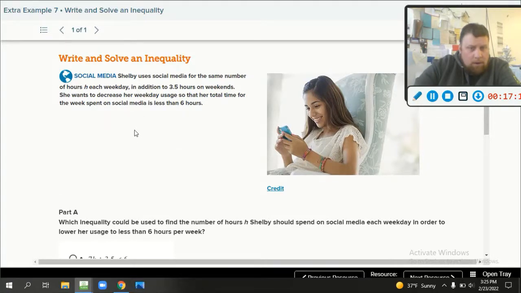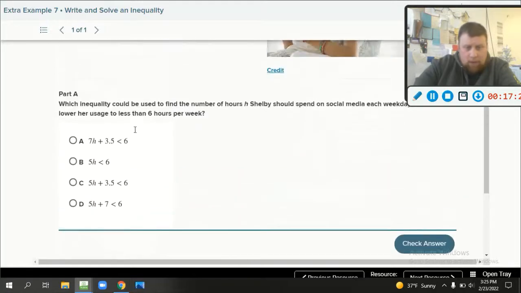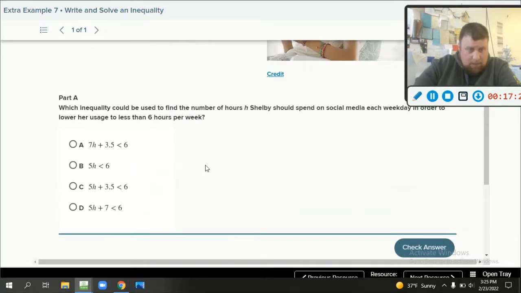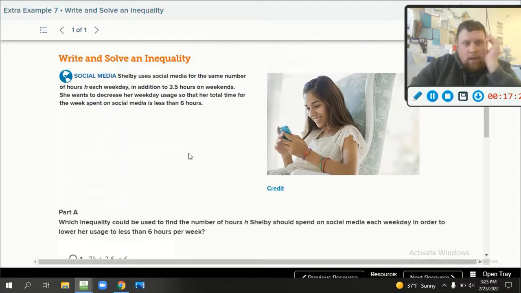Okay, there's 5 days a week. Each weekday, in addition to 3.5 hours on the weekend, she wants to decrease her weekday usage so that her total time for the week. So this includes the weekend. So we're going to need to subtract 3.5 hours, right?